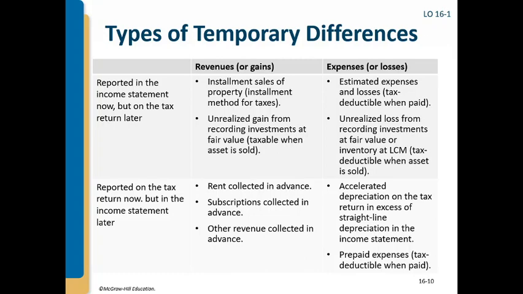Note that the temporary differences shown in the purple areas create deferred tax liabilities because they result in taxable amounts in some future years. Okay? We saw that, for instance, in the bottom right under expenses: accelerated depreciation on the tax return in excess of straight line depreciation.